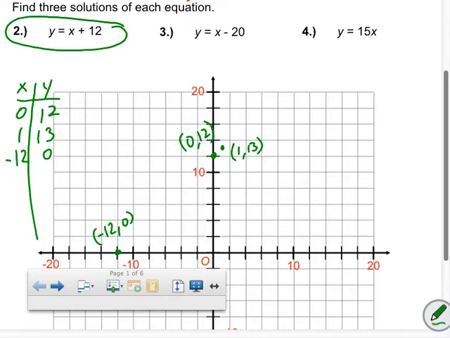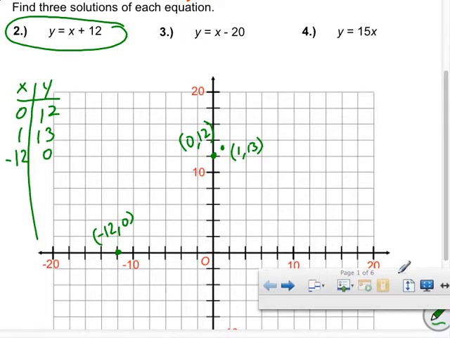Negative 13 for x? Okay, if I'm at negative 13, what does that put me at? What's negative 13? It's going to be negative 1. So that would be over here. Okay?